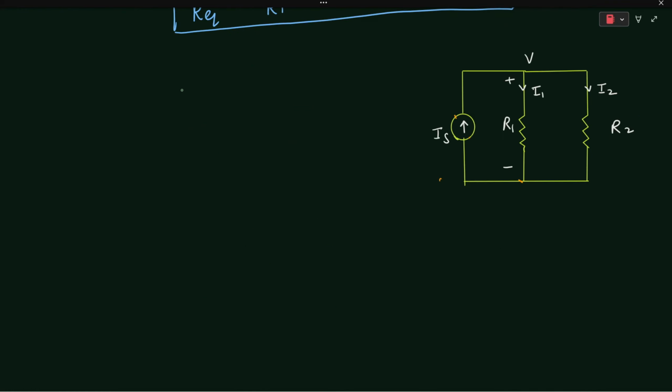Now let's find the current division in this particular network. We know that V is equal to Is into R equivalent.